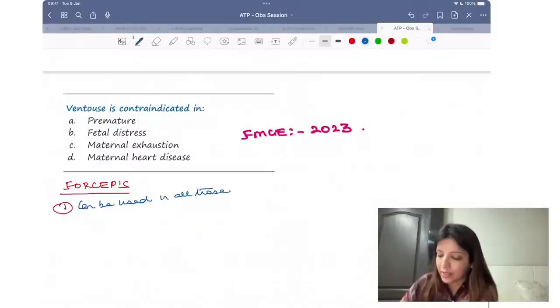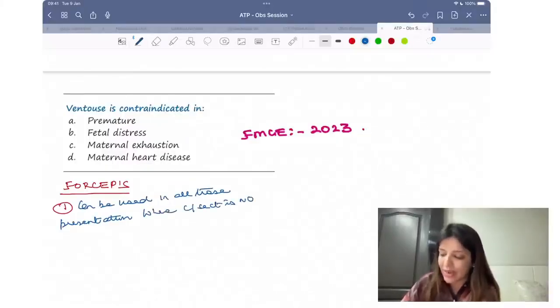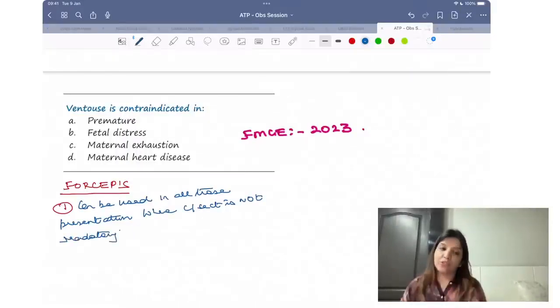Where cesarean is not mandatory, in all those conditions you can use forceps.